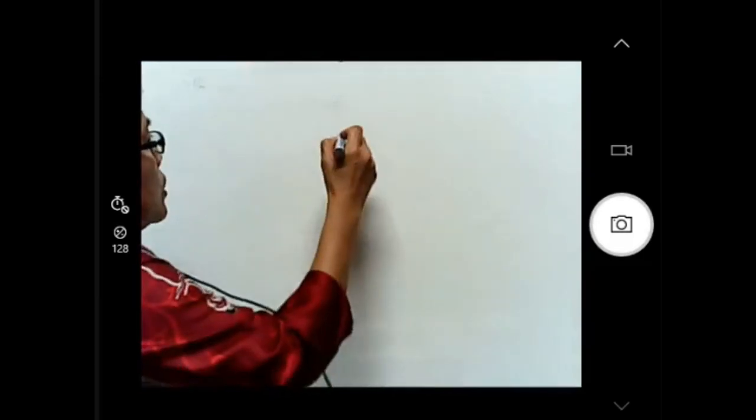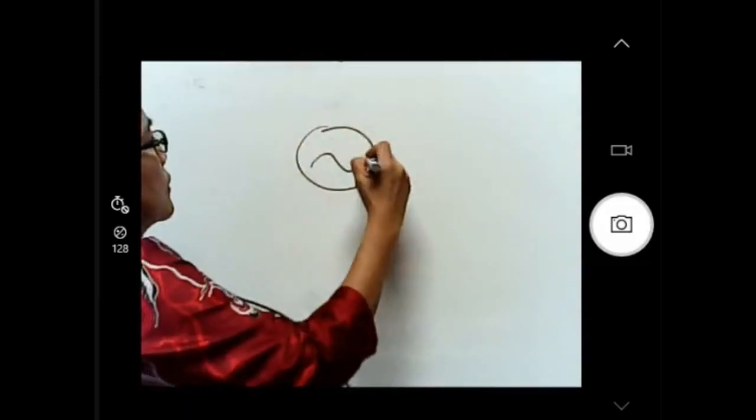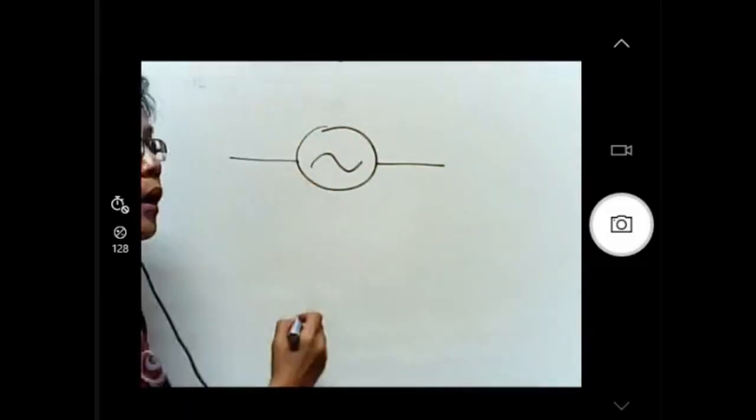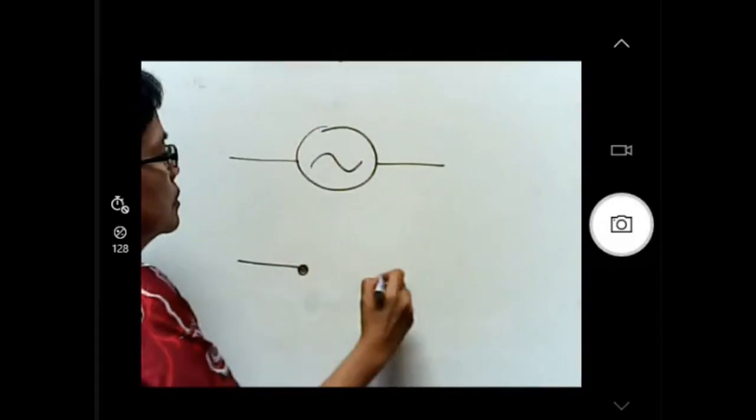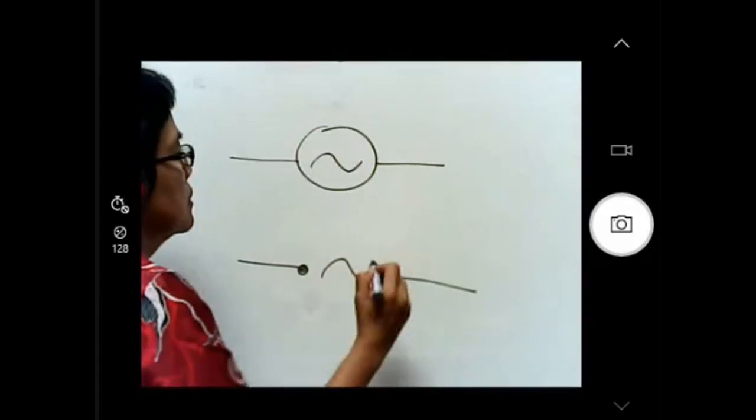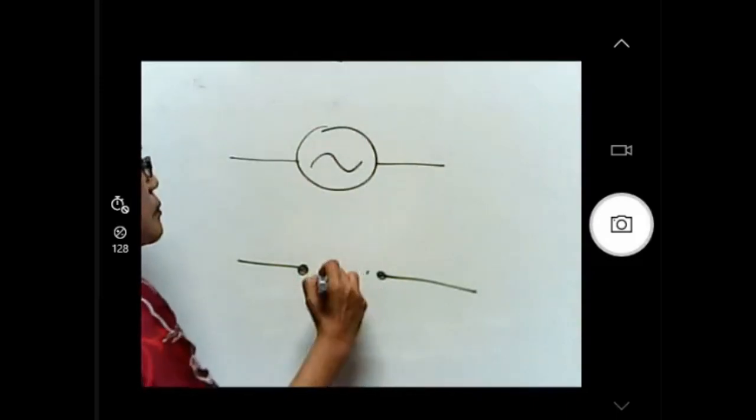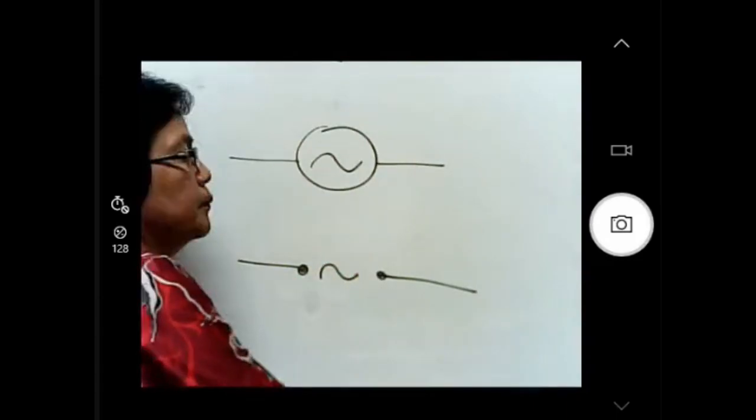So an alternating current source will usually be represented using the symbol like this or just like this. So we know, oh, this is an AC source. Okay. So how to sketch a sinusoidal graph?